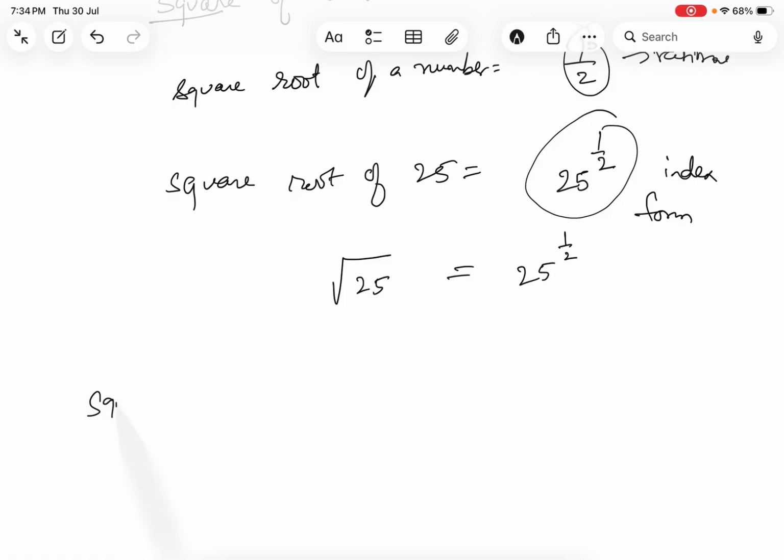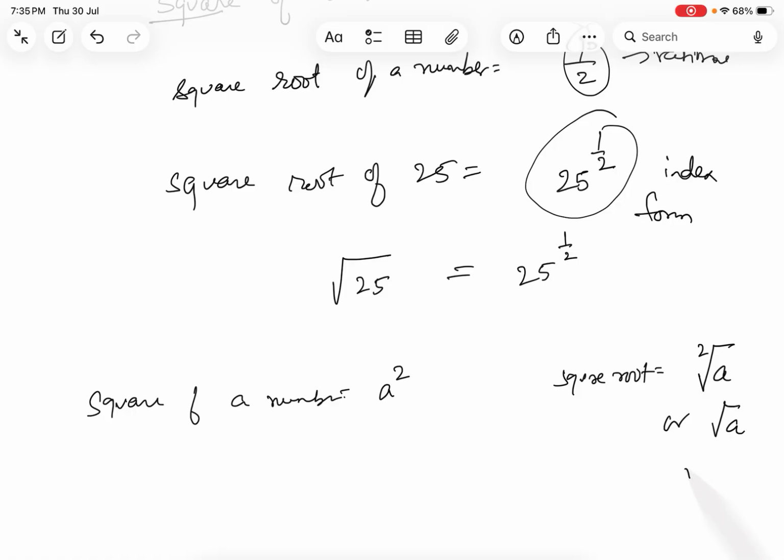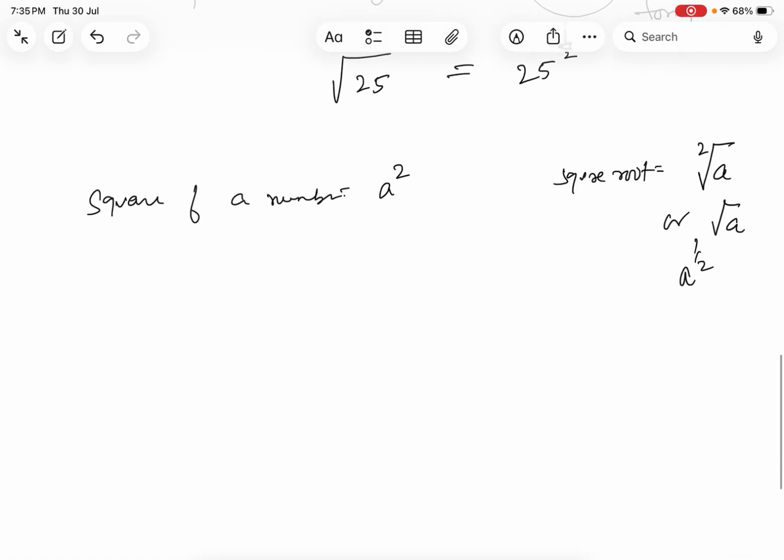So the square of a number can be a to the power 2, whereas the square root of any number can be written as the square root of a, or you can also write it as a to the power of 1 upon 2.